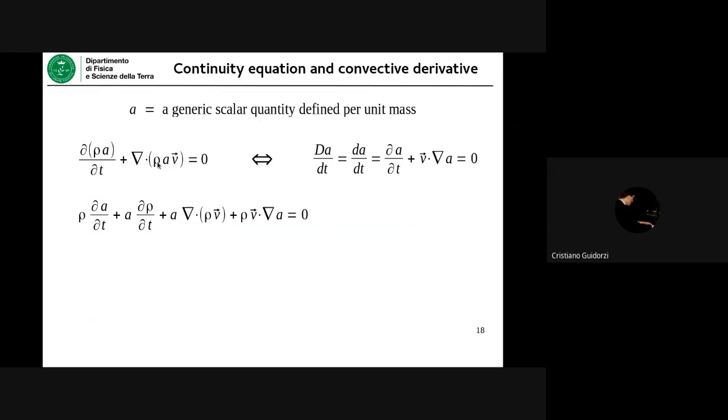You take rho v out of the divergence, and in this case, the divergence of a scalar doesn't make sense, it's the gradient. So rho v scalar the gradient of A.